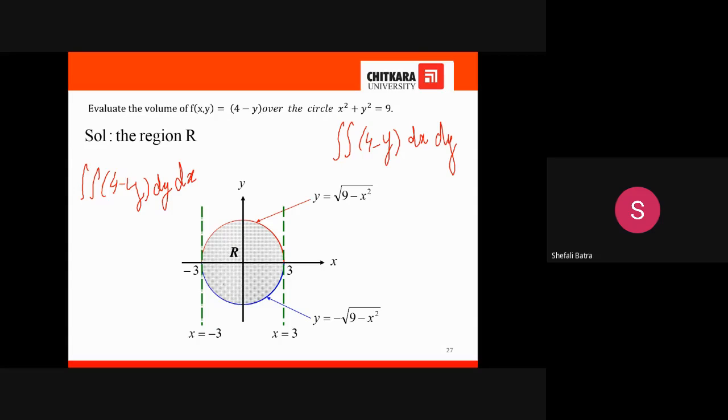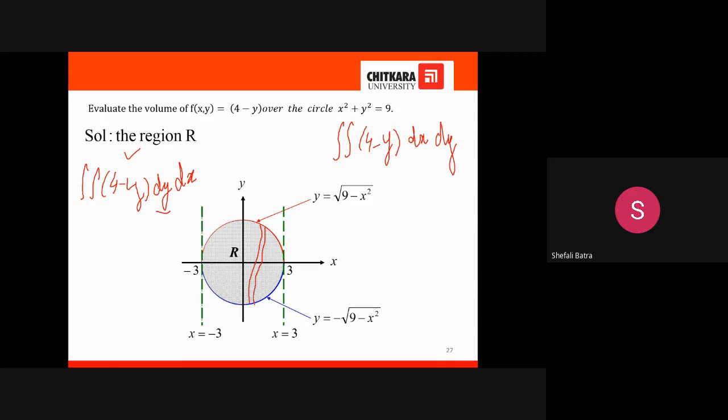So simply you have drawn the circle with the radius 3. Now, if I'm taking this integral, this is your function f of x comma y. So I'm writing here 4 minus y dy dx over this region, which you have to find out. So I'm writing here dy. It means I'm making a vertical strip. I'm sorry, I'm not drawing it exactly straight.